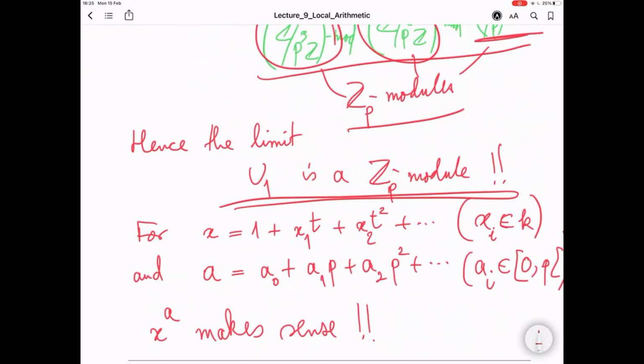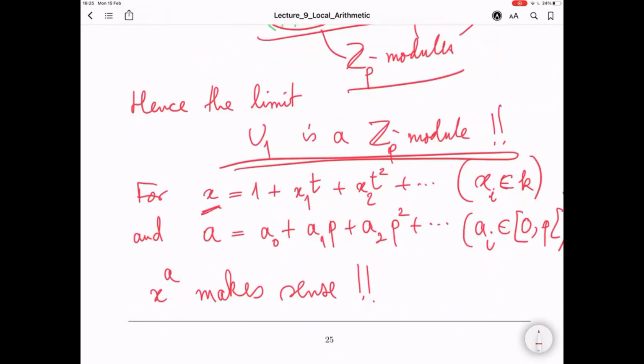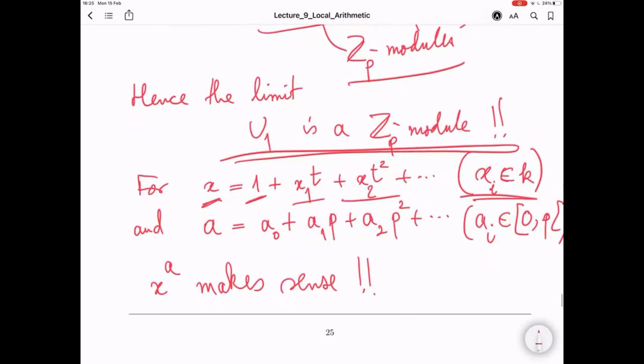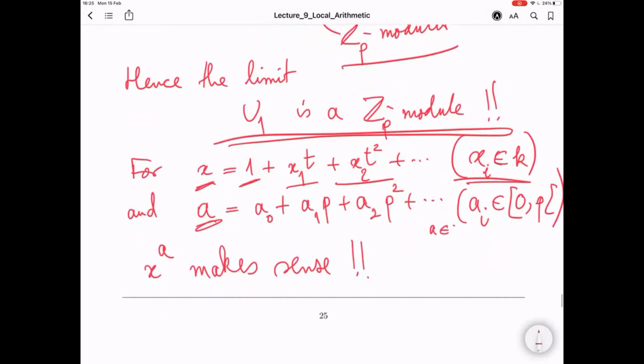Okay, so there is something very funny going on here. You have an x which is a formal power series with the constant term 1, then x1 t, x2 t squared, where the xi's are in this finite field K of characteristic P. And you have this a, which is in Z_P, right? You can write a as a0 plus a1 P plus a2 P squared, where these ai's are in the interval 0 to P minus 1.